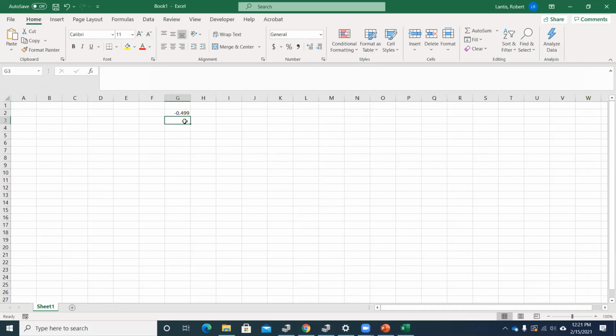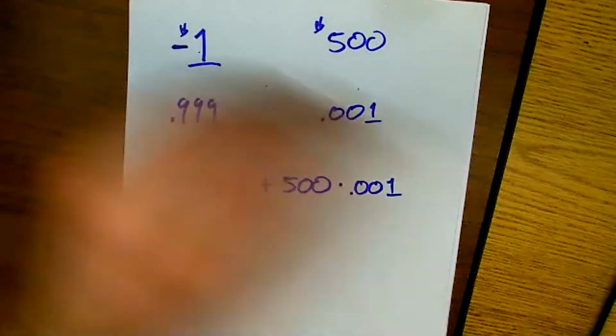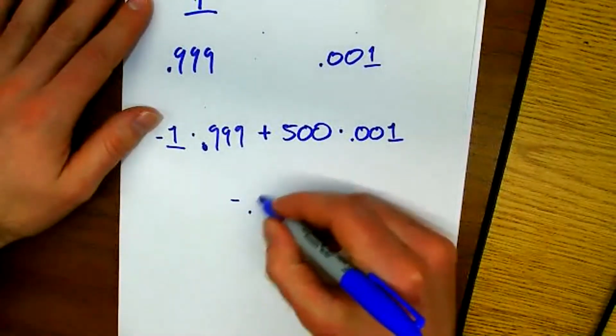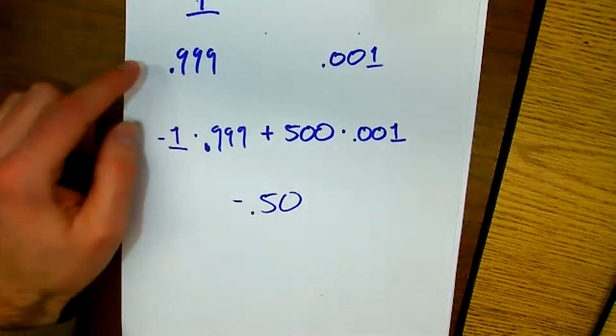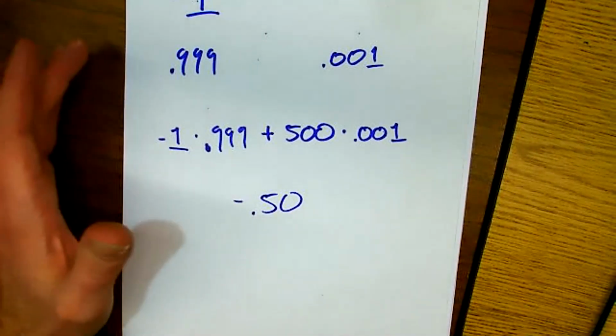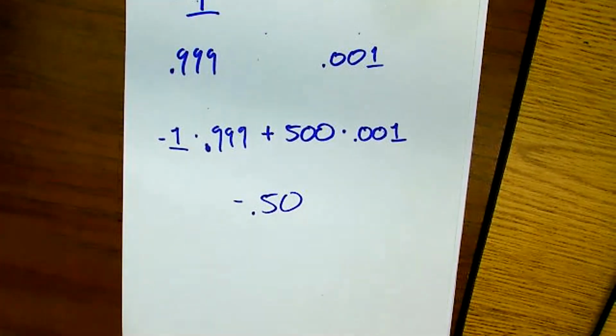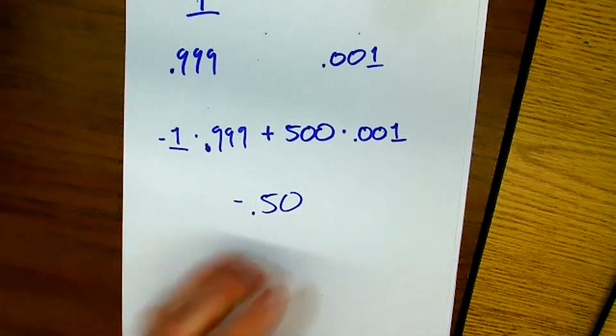So my payoff is about 0.5. If I do this math, I get about -0.50, which is really saying my expected payout from playing this raffle is -50 cents. On average, if I buy a raffle ticket, I'm going to lose 50 cents.